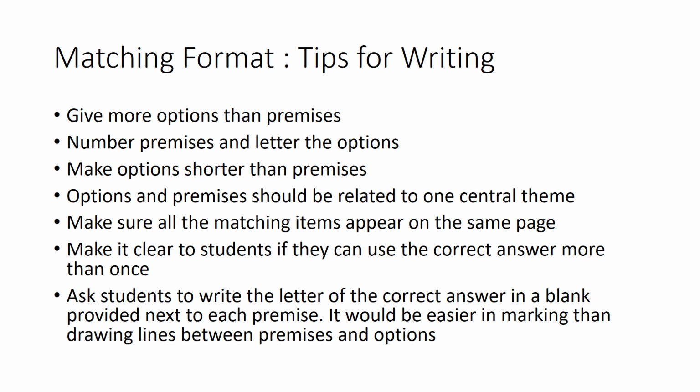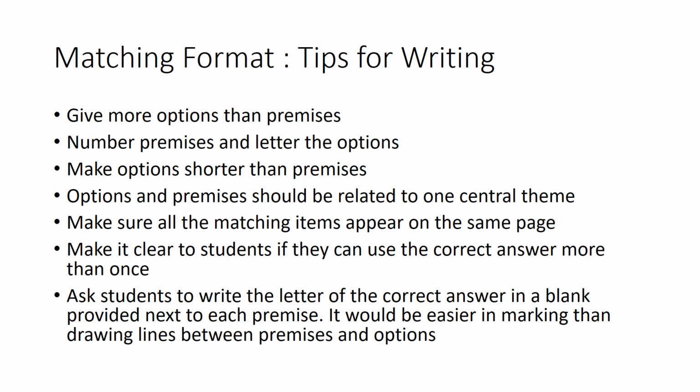Okay, make it clear to students if they can use the correct answer in a blank provided more than once. So here, if you are obliged to make one of the options usable more than once with more than one premise, you should mention this as a note in the instructions of the question.